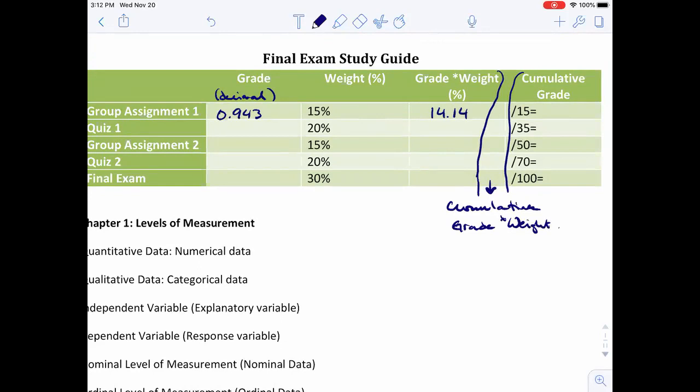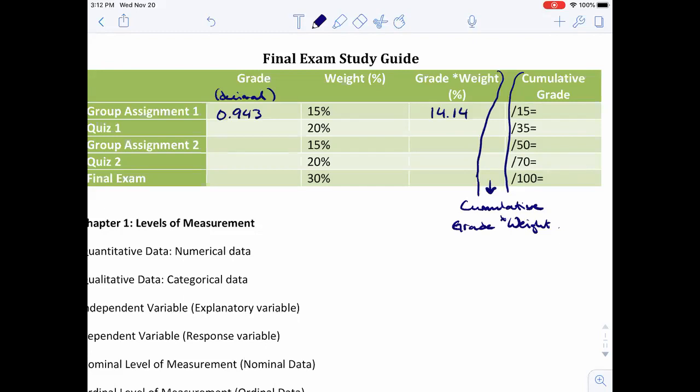Sloppy, sloppy. Right. So yeah, Moodle does do that, but you should absolutely check to make sure that it is calculating correctly. We can't just trust the machine, guys.